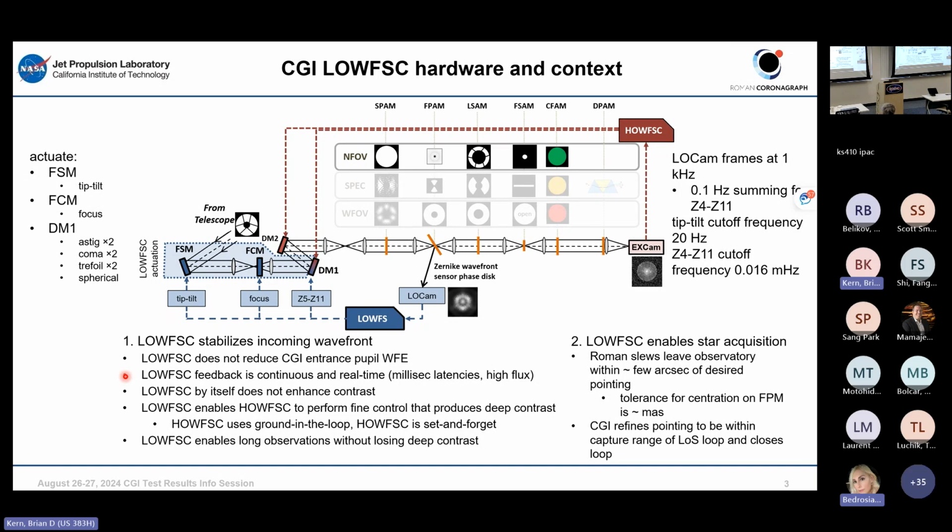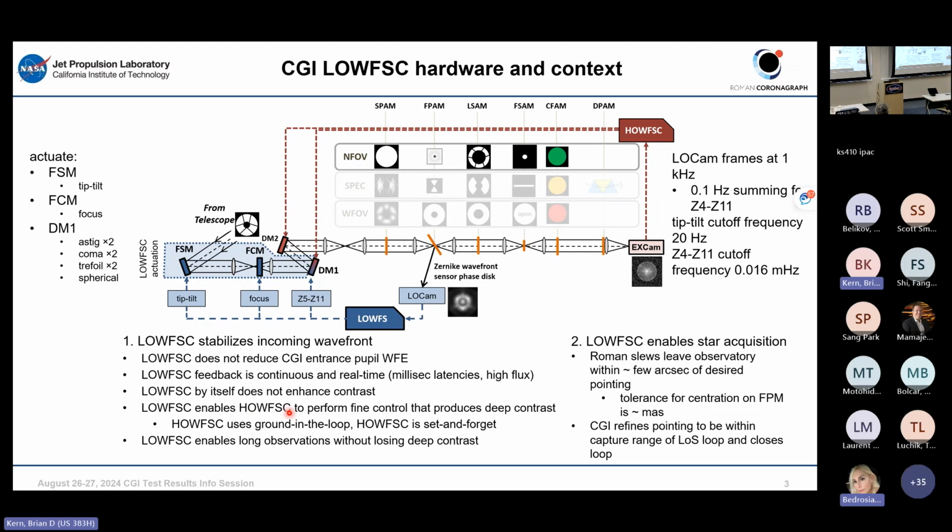So it's maintenance. It's not determining what to do. It's not investigating the system. It's just freezing. So it operates concurrently in real time, faster than the higher order wavefront sensing and control, but should be invisible to the higher order wavefront sensing.